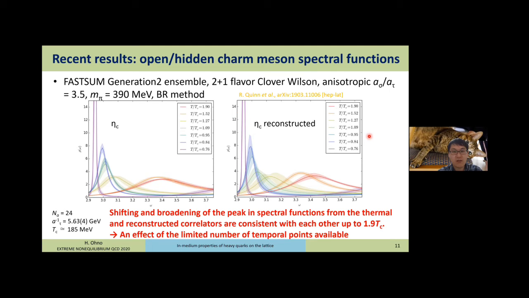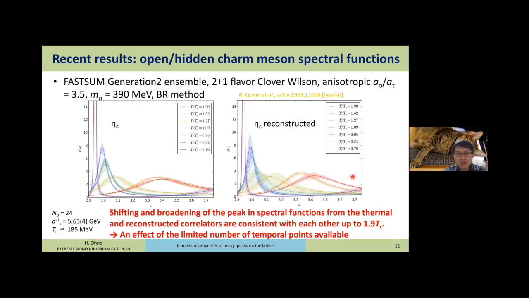The reconstructed correlator is given by the correlation function at a different temperature.